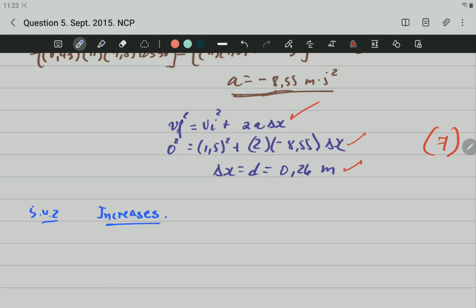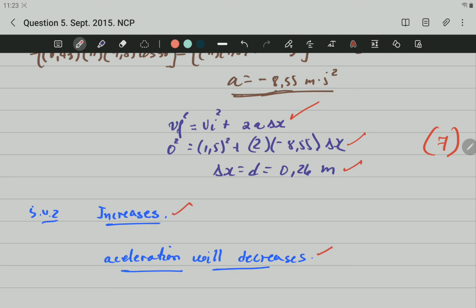But now what will happen? The acceleration of the system of blocks decreases. If the angle decreases, the acceleration will decrease. Now, what will be a good option if you are not sure how to do it?